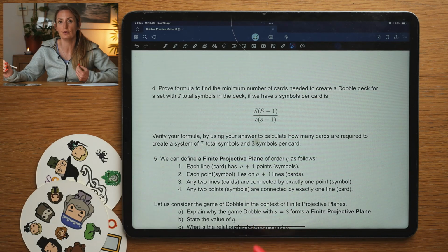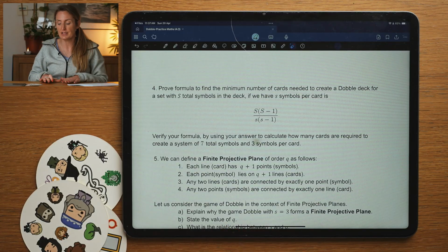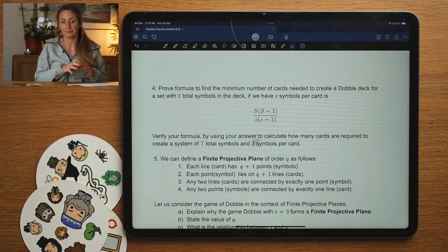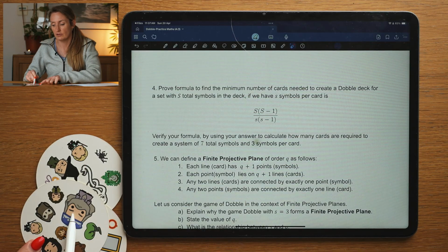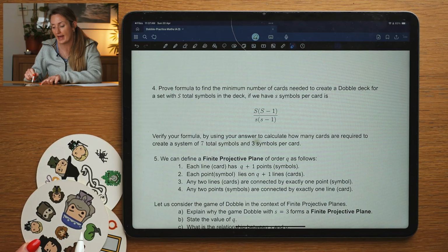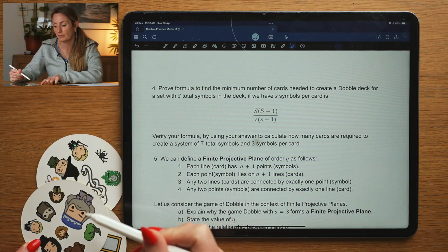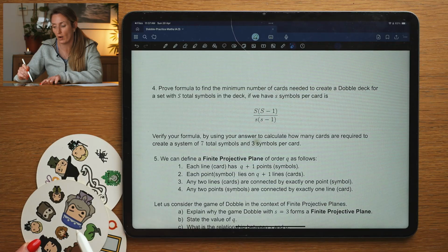A few important points to refresh. Each set of cards has its own distinct pairs. For example, Dumbledore, Weeping Willow. That pair can only happen on that specific card. And we've noticed from our final diagram that each pair of symbols is linked somewhere in the deck once and only once.